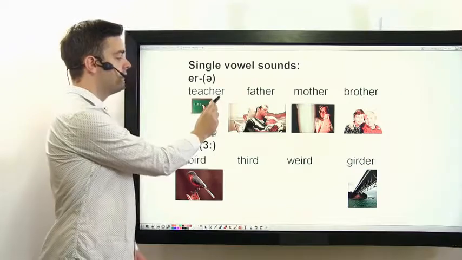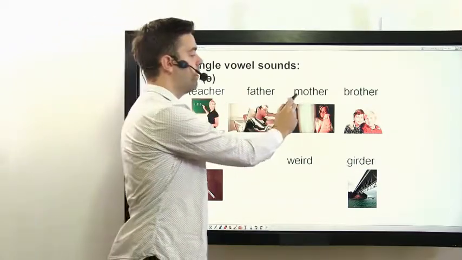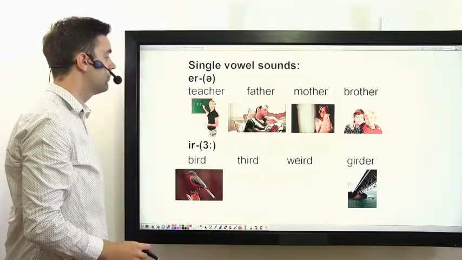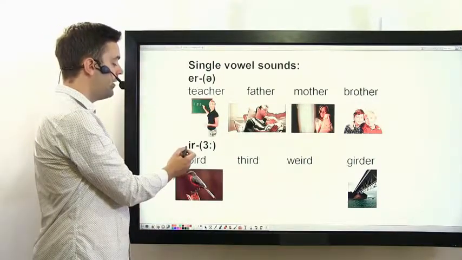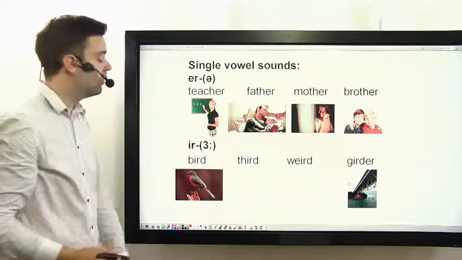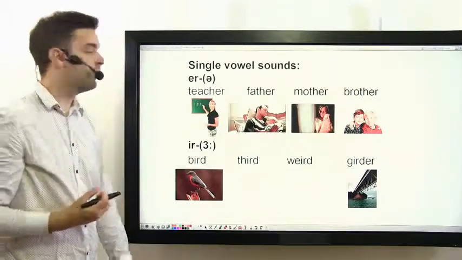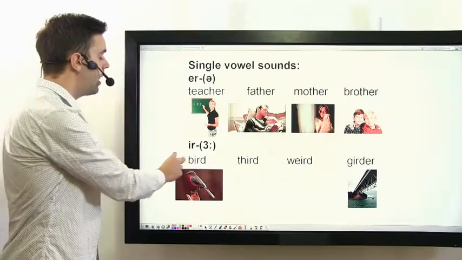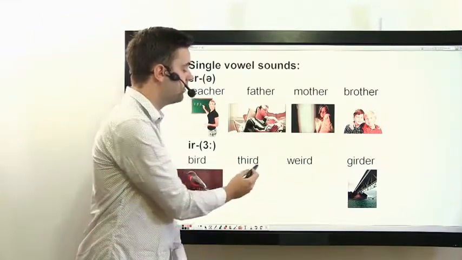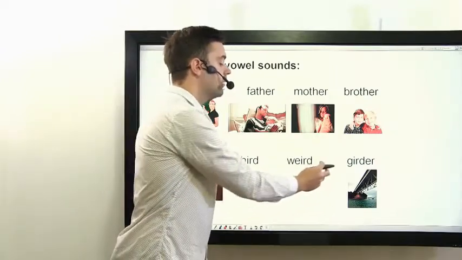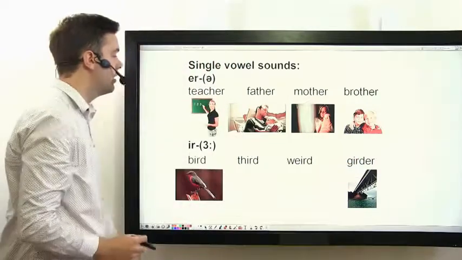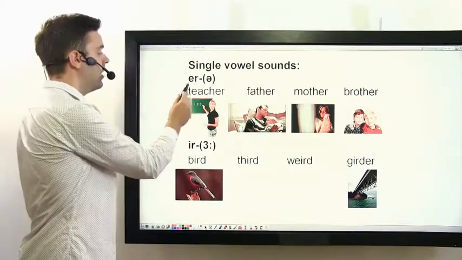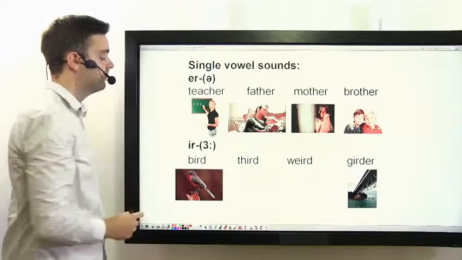So teacher, father, mother, and brother. When we join I and R together, we get an er noise. So bird, third, weird, girder.